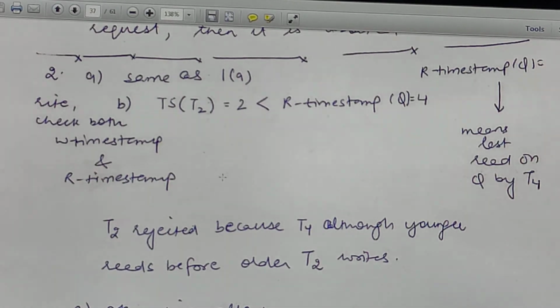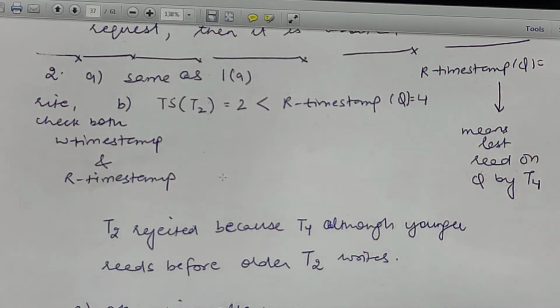So the simple conclusion that we can draw from this algorithm is, whenever a younger transaction has successfully performed some read or write operation on a data item Q, then after this, if an older transaction places a request, that older transaction will not be allowed to perform any read or write operation, and it will be continuously rolled back or aborted, and so the older transaction will enter into the starvation stage.